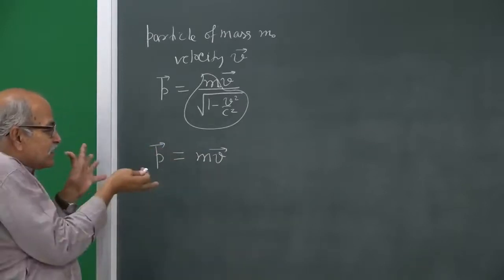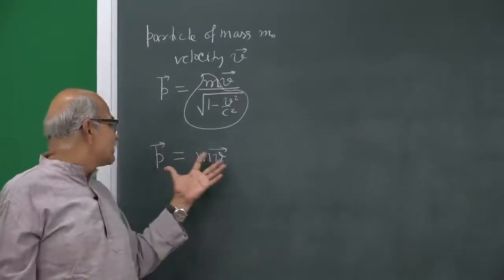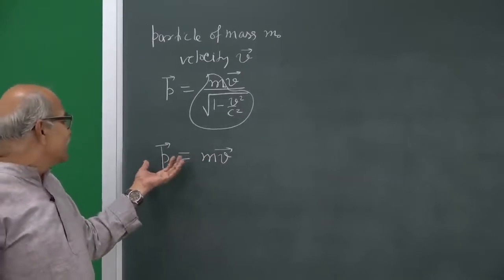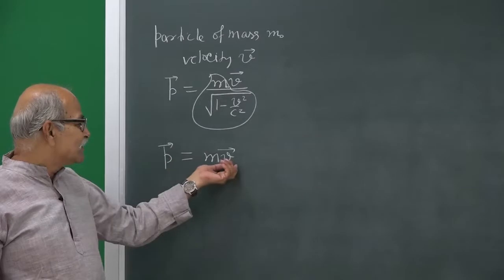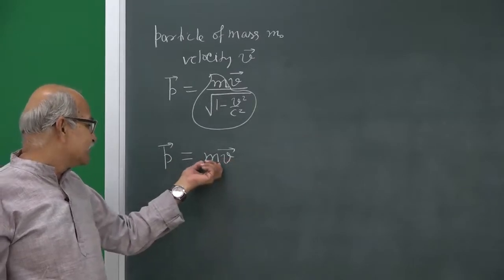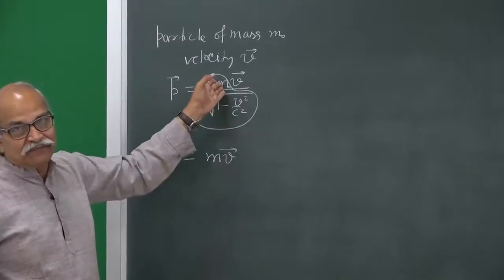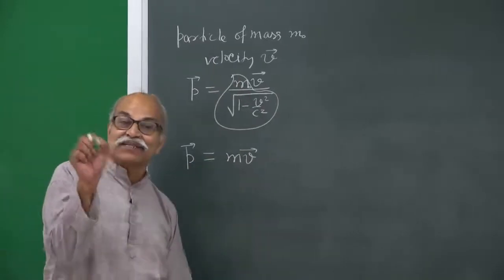So, this is our old very familiar beloved equation. So, we can still say that linear momentum is mass times velocity, but this mass is different from the mass of the particle as it is written in the textbooks.